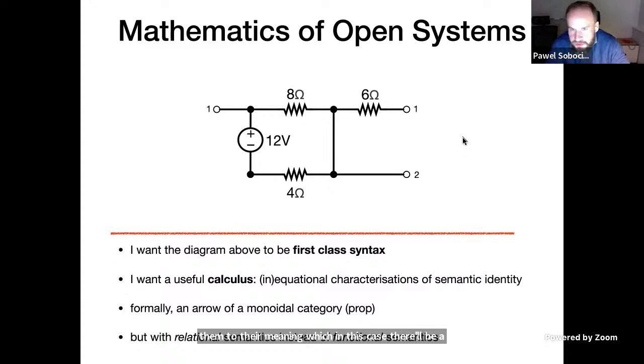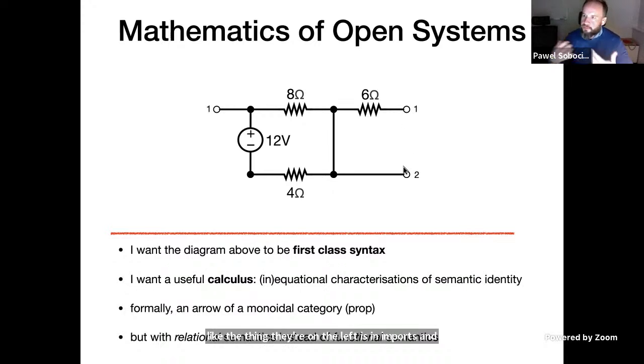And why is this a relation? Well, this thing here has 3 open terminals, right? So the idea is that this is not a functional relationship between the terminals. It's not like the thing on the left is an input and the open terminals on the right are outputs in any sense.